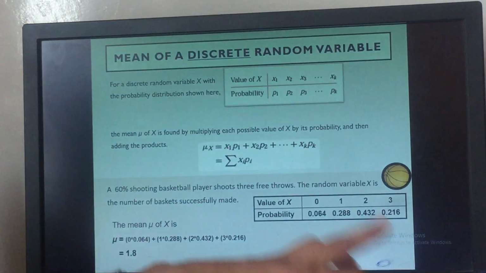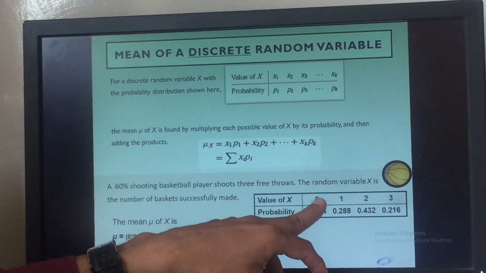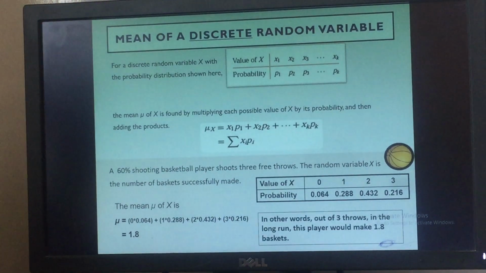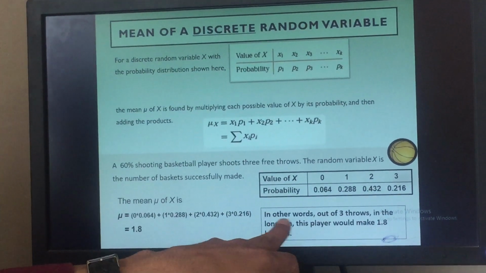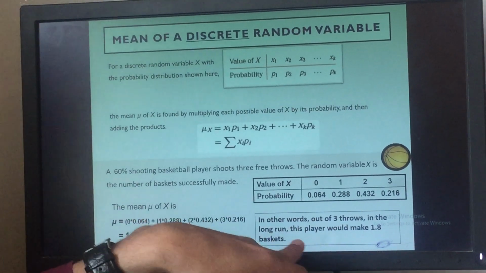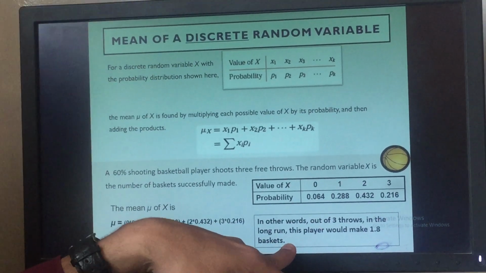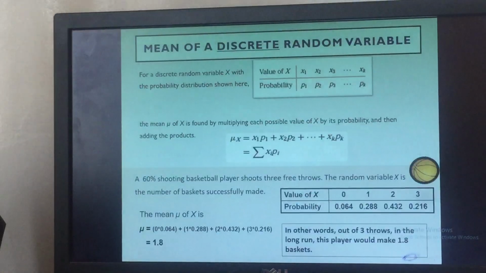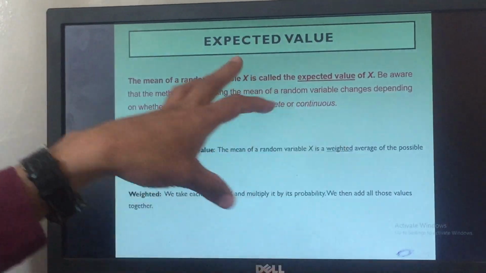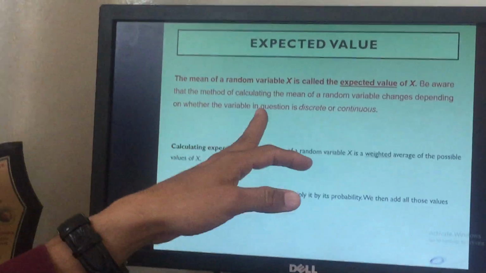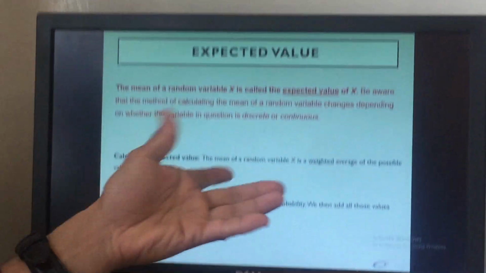So it's a very simple formula: the value of x times its probability, and we add up over all values of x, right? In other words, out of 3 throws in the long run, this player would make 1.8 baskets. The mean of a random variable x is also called the expected value of x.